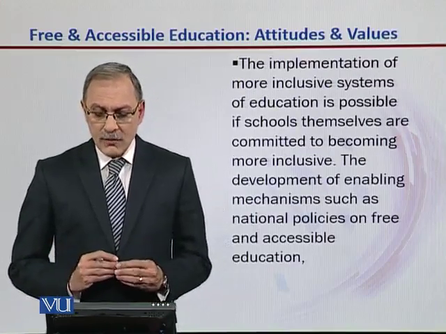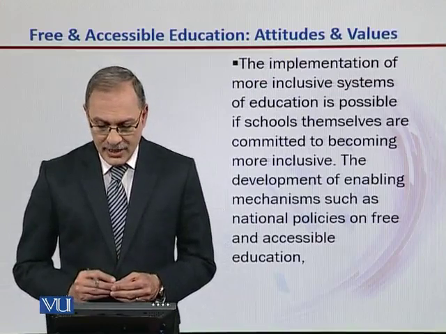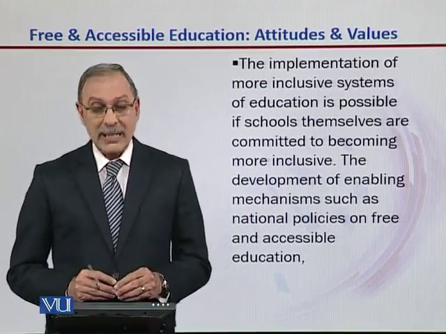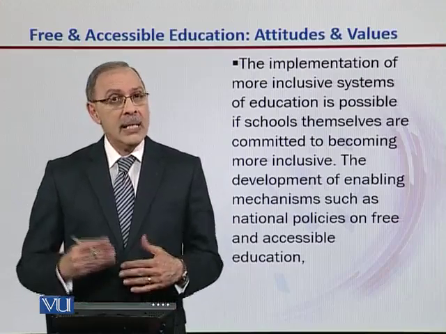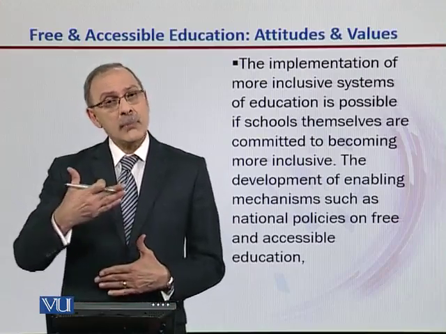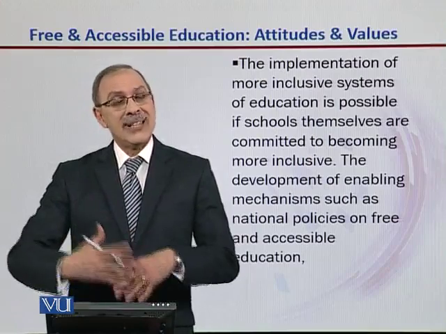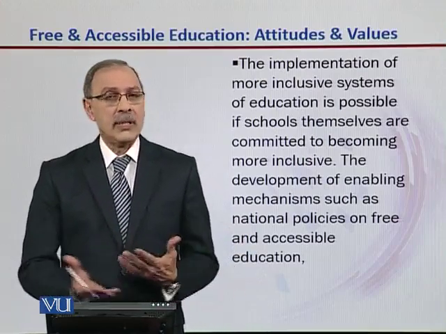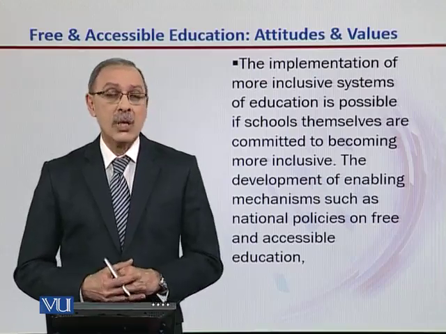The implementation of more inclusive systems of education is possible if schools themselves are committed to becoming more inclusive. Sometimes, the admission process of the school is such that it automatically debars a lot of young children from getting admission in those schools.